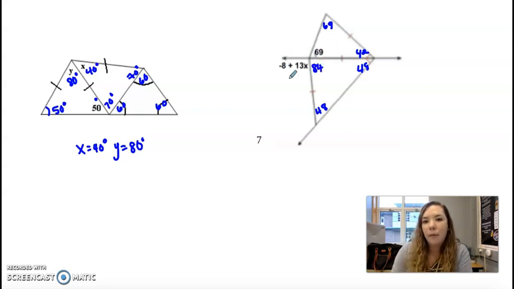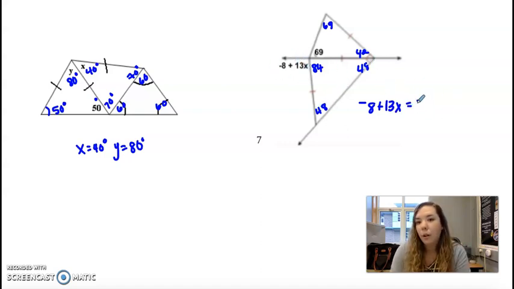And then you have a couple of options for this piece. You could, remember the one on the outside is equal to the two on the inside added together. You could say these two have to add to 180. Both of those show you the same answer. So let's go ahead and practice our exterior angle theorem, where we're saying this is equal to my two angles on the interior added together that are not adjacent to my exterior angle.